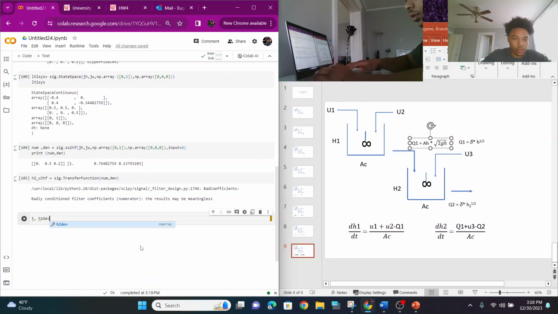TH2. The differential of that transfer function is now going to be equal to a step function that we are going to call H2_U3_TF.step.